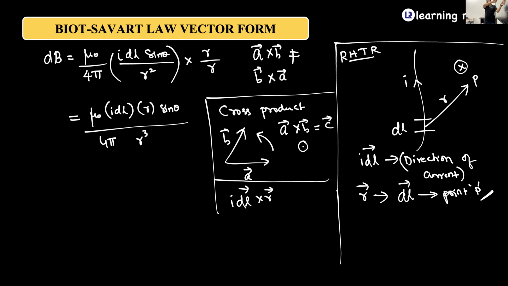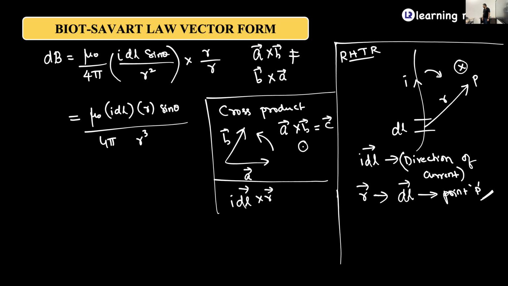From idl, I need to turn in the clockwise direction. So when I turn in the clockwise direction, this clockwise is telling me that take your right hand, curl the fingers of your right hand in clockwise direction and extend the thumb. It is going into the plane. So I should only write idl cross r and I should not write it as r cross idl.